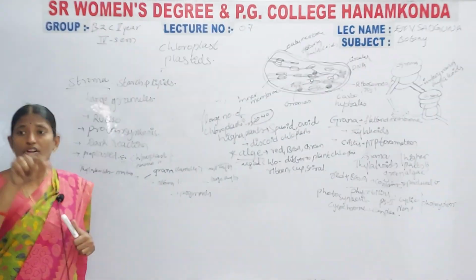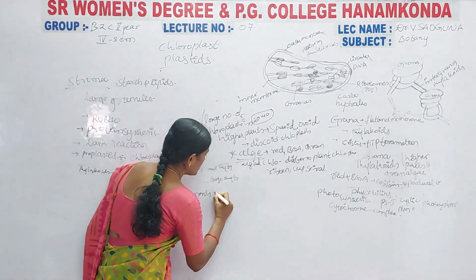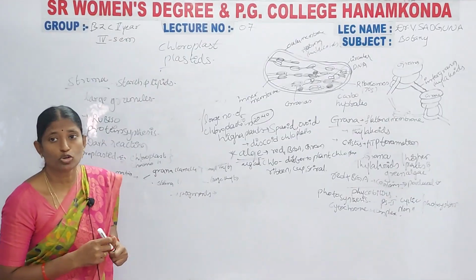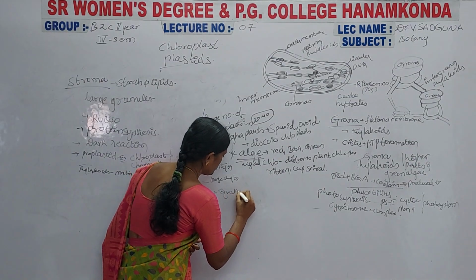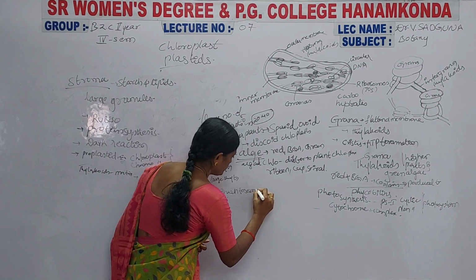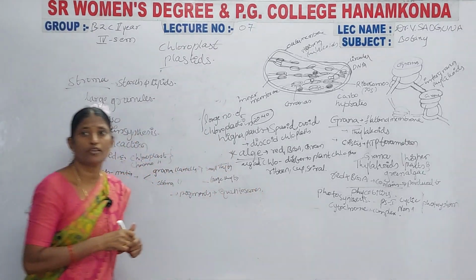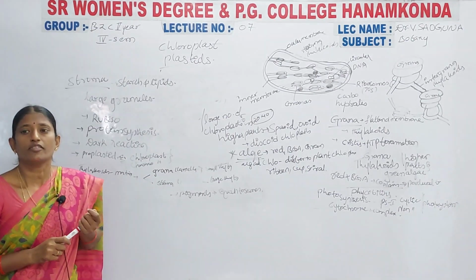This large amount of pigments is called quantosomes.